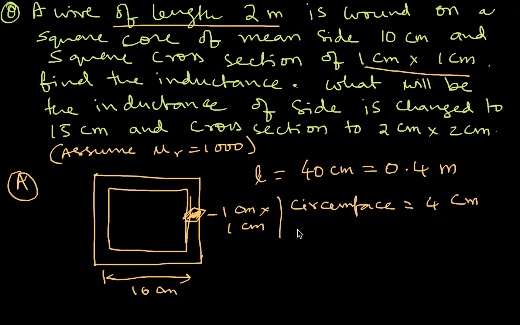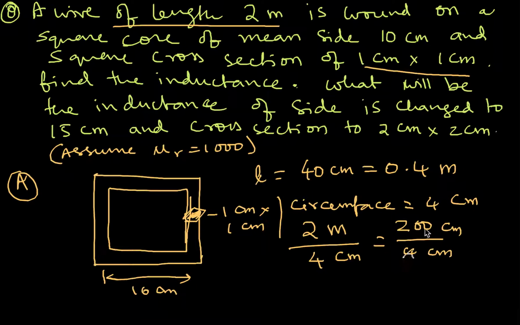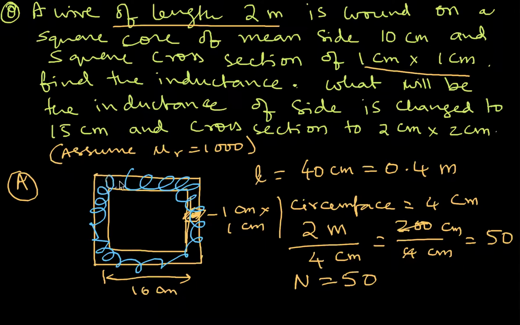Out of the total length of 2 meters, 2 meters divided by 4 centimeters, that is 200 centimeters by 4 centimeters, so this will be 50. So the total number of turns will be 50 for the coil. If I roughly draw the coil, it will cover the entire core and have about 50 turns, N equal to 50.